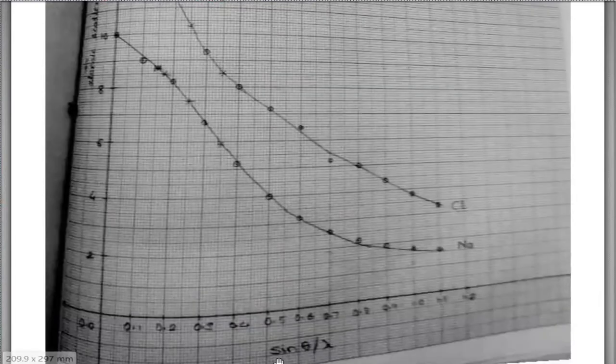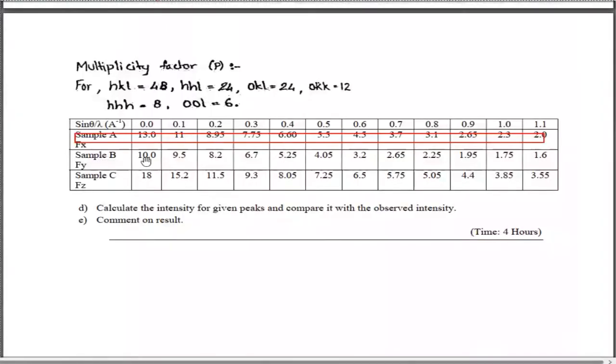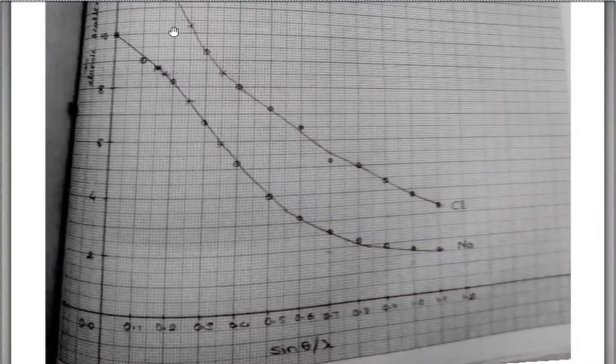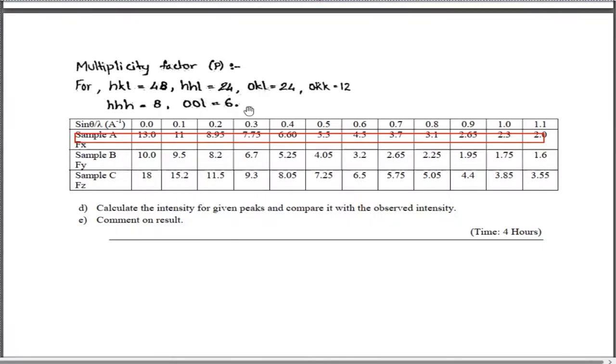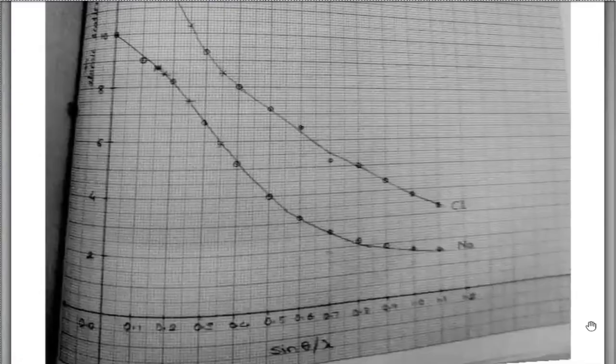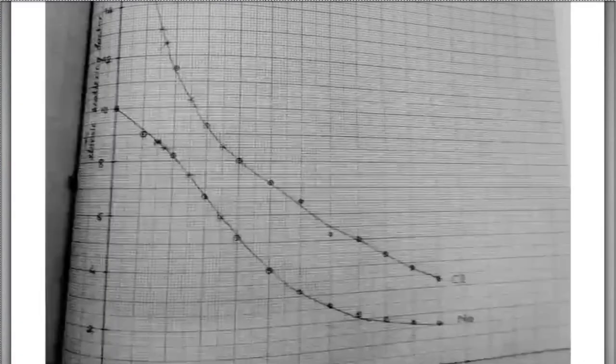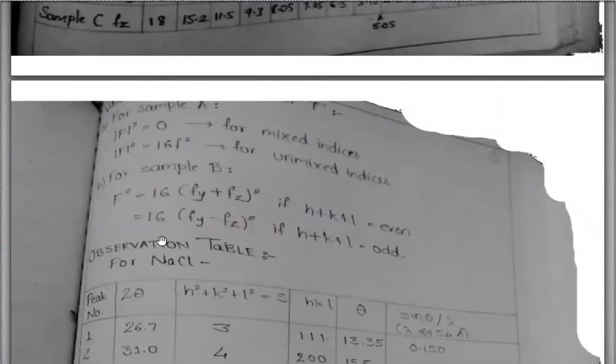Here you have sin theta upon lambda values. Here you have the values which are represented in this table for two different elements. After that, manually draw like this, and then you have to proceed to the next calculation. So in the next process, once you do the calculation, certain things are tabulated here.